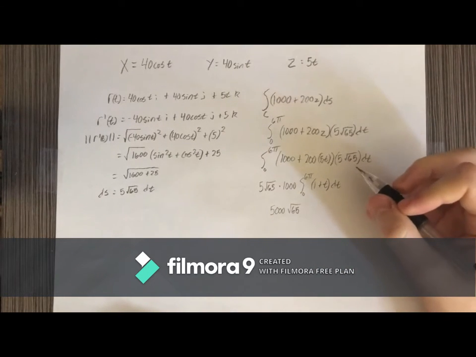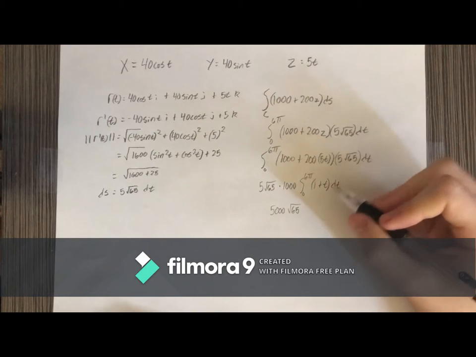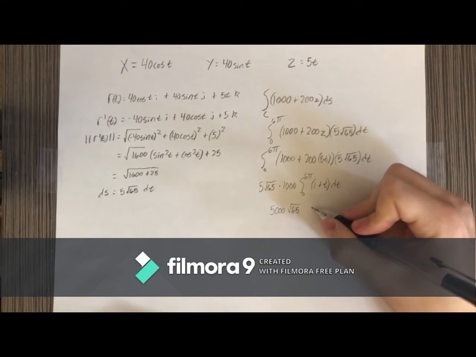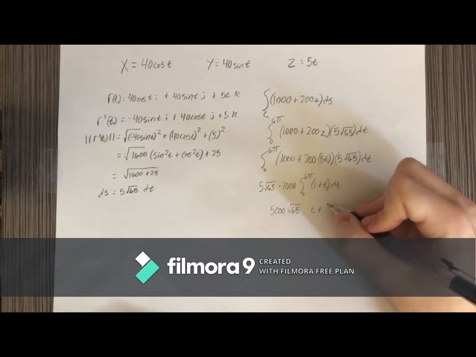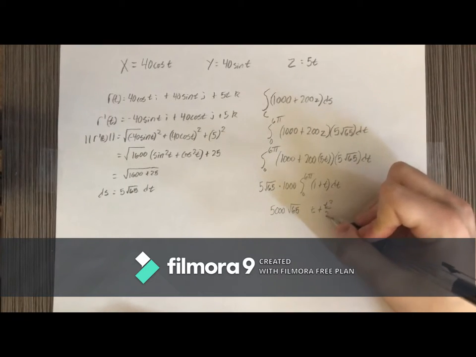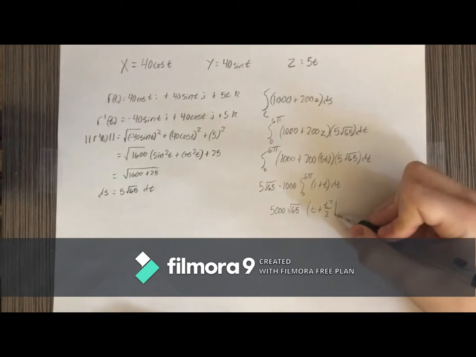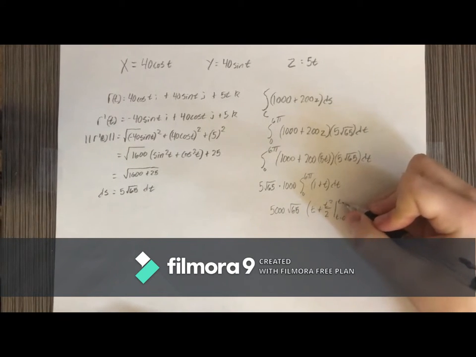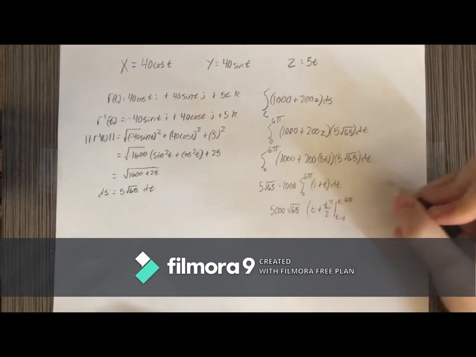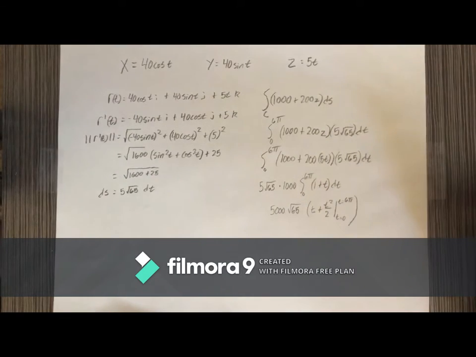After that, it's simply a matter of solving a regular integral. You end up with 5,000 square root of 65 times (t plus t squared over 2) from t equals 0 to t equals 6 pi.